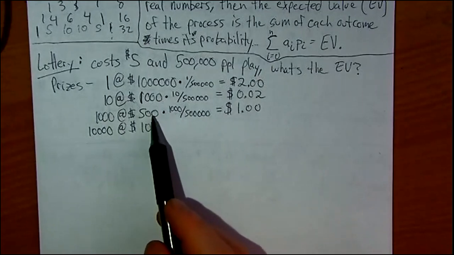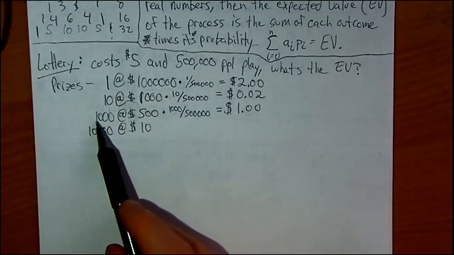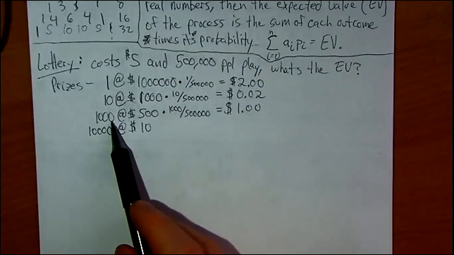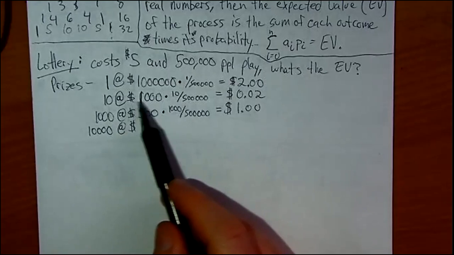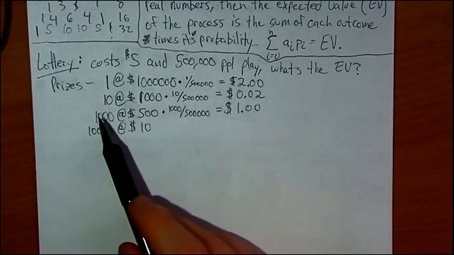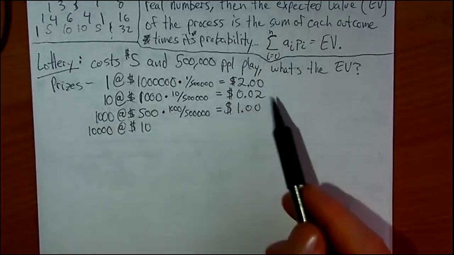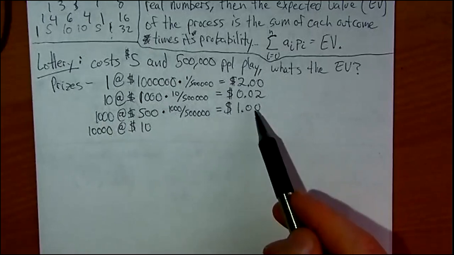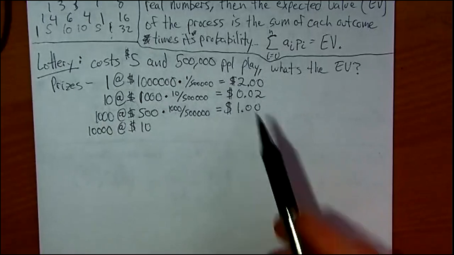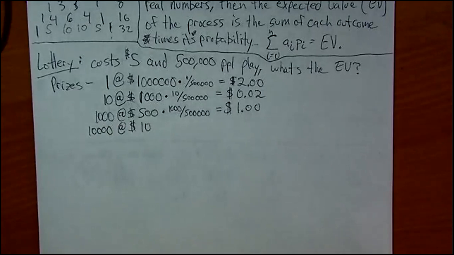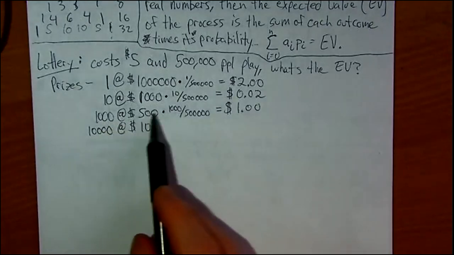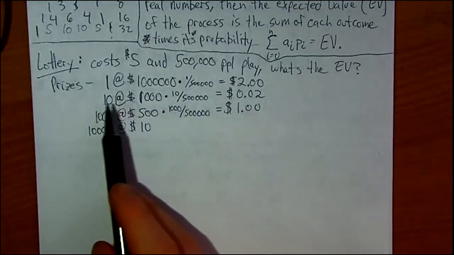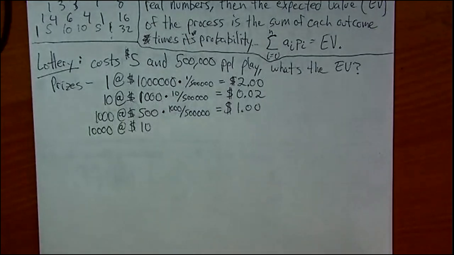Now, $500, that's only half as much money, but there's 100 times as many of them available. Half as much money, but 100 times as many means the expected value is 50 times as much. 50 times 2 cents is $1. So you can see this second place prize is actually worth a lot more in terms of expected value than the first place prize.